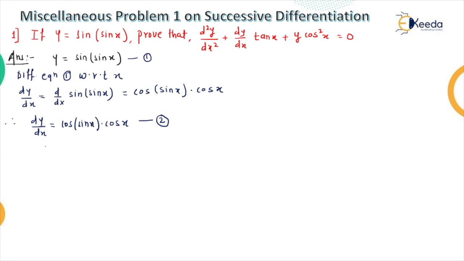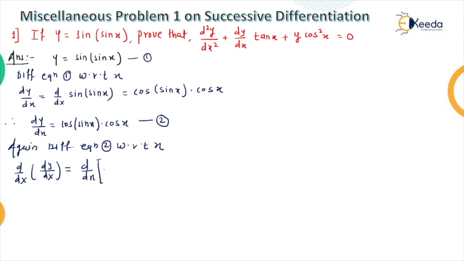Now also differentiate equation 2 with respect to x. So what will we get here? d by dx of dy by dx is d by dx of this total term, cos of sine x into cos x.